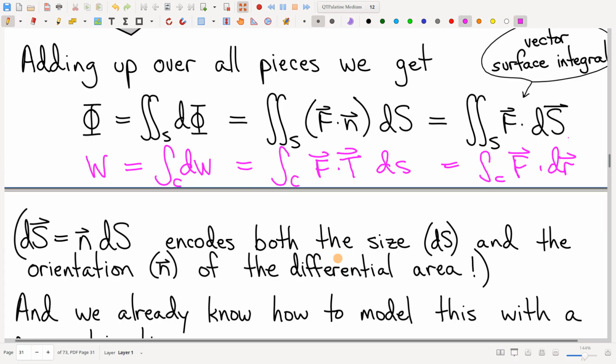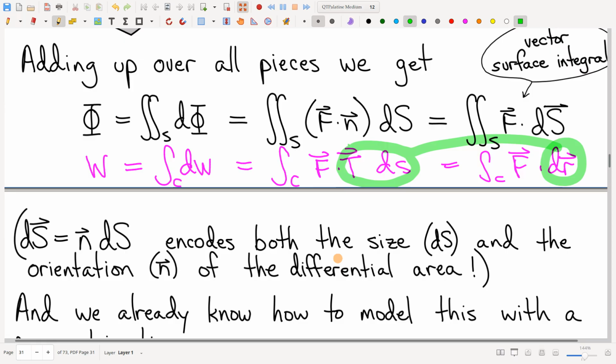Let's talk for a quick moment about the dr vector. What's its deal? Why do we like the dr vector? Well, it tells us two things: it tells us T and ds. By its magnitude, it tells us how long a little piece of curve is, and by its direction, the unit vector T, which direction that little piece of curve is oriented.